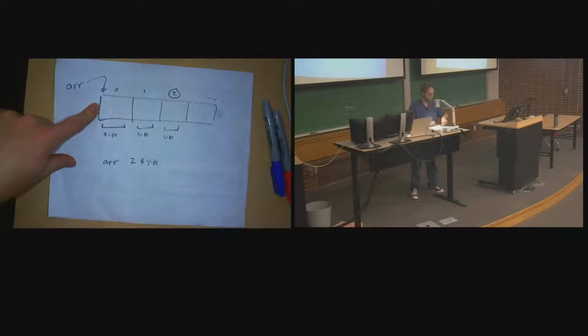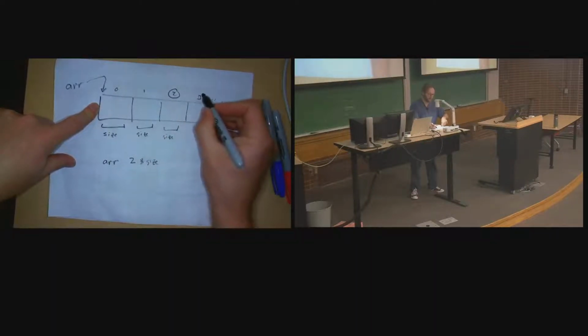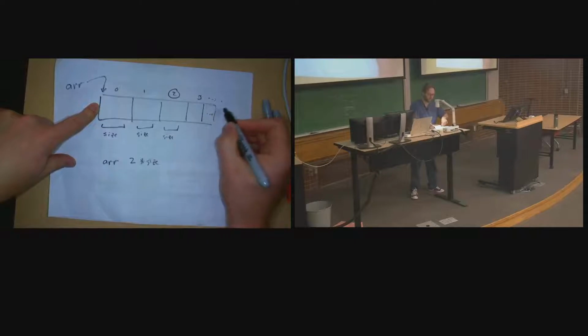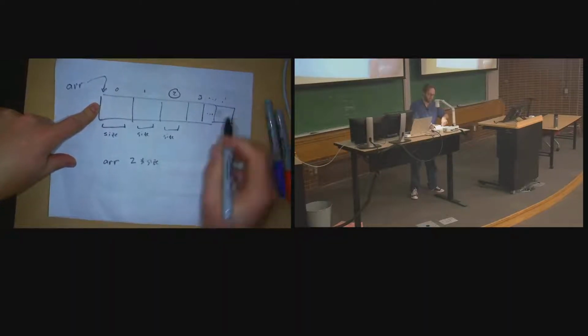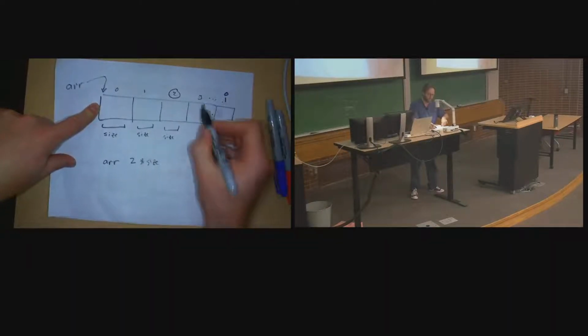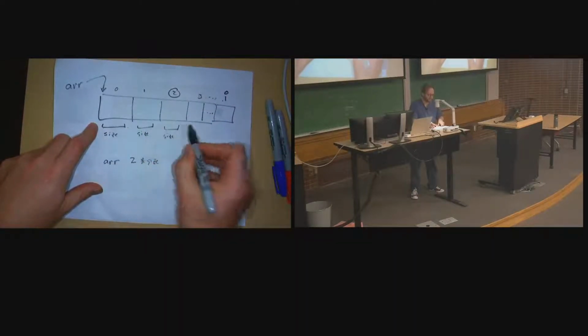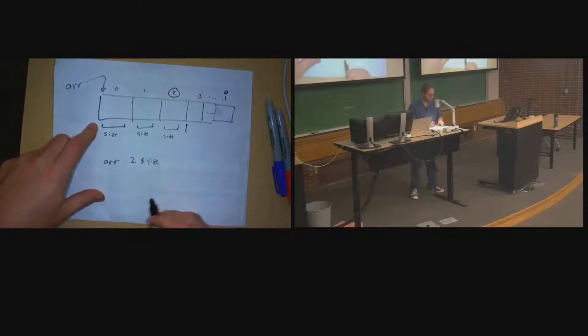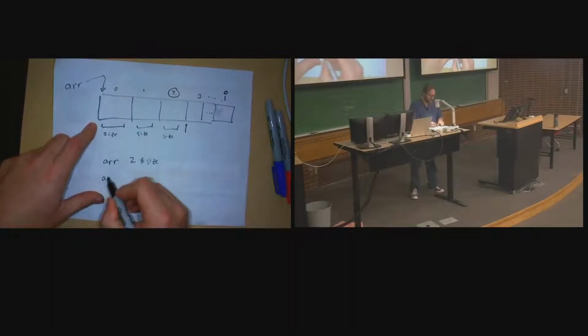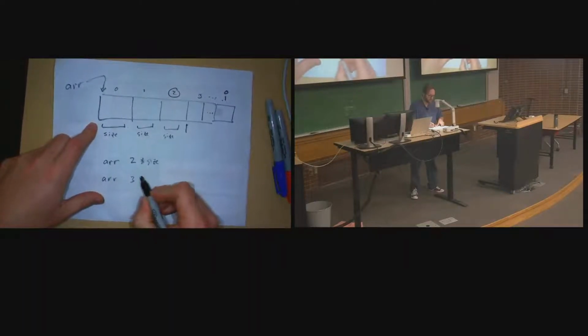And then we'll generalize this to the ith element. What about the third element? How many bytes over is it? Size, size, size, and there's the third element. So it would be at ARR, 3 times size.